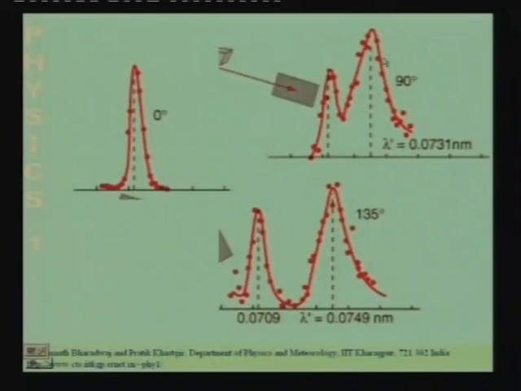So, in order to explain these shifted wavelength lines, the lines with larger wavelengths, you have to invoke the assumption that X-ray behaves like that particle, and this is true not only for X-ray, it is true for the whole of electromagnetic radiation.